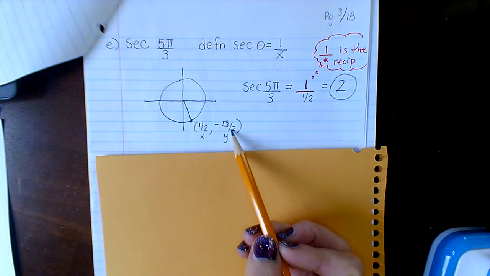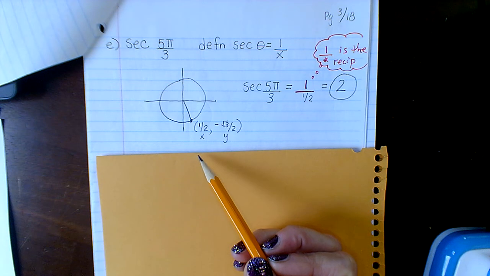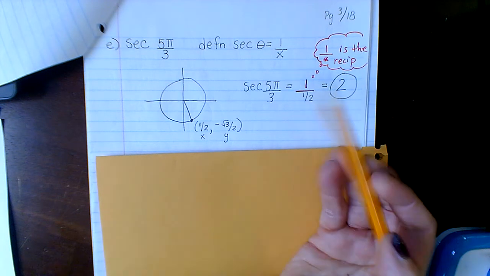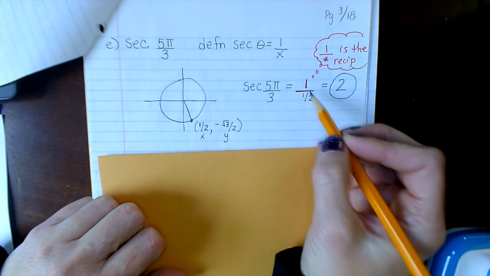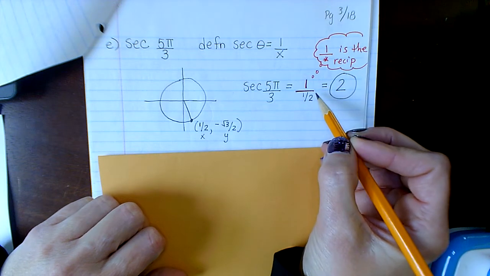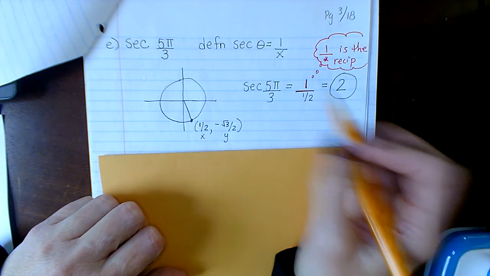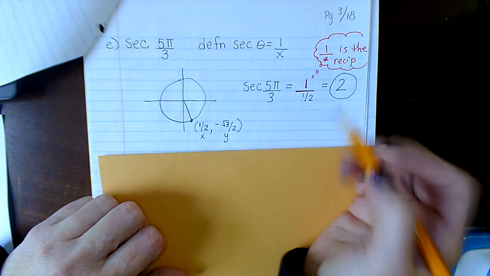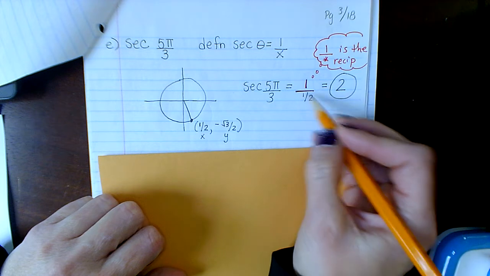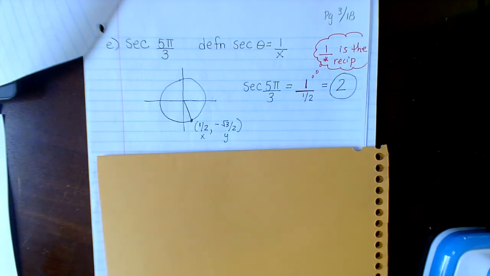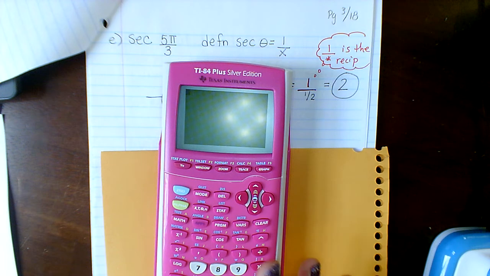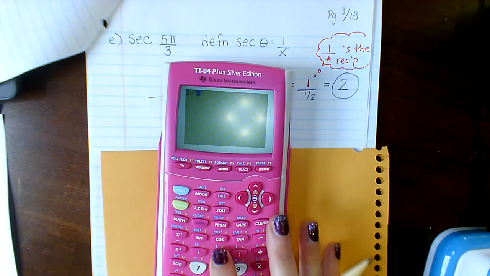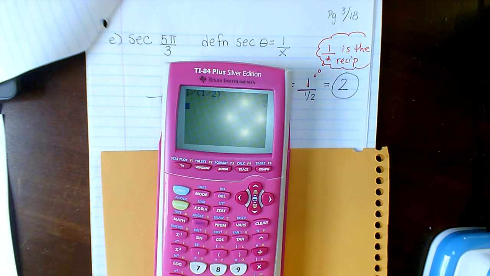It's 1 over x, so we get 1 over the x value of 1/2. It's interesting to note that 1 over something is the same as the reciprocal. So what's the reciprocal of 1/2? Which is 2. If you don't trust yourself, you can do 1 divided by 1/2. So if you wanted to do it that way, you certainly could.